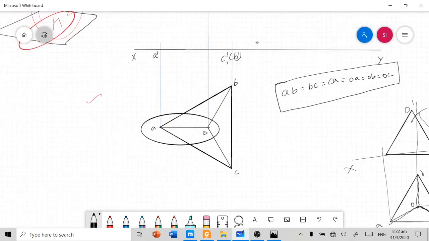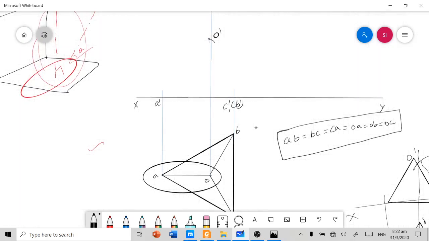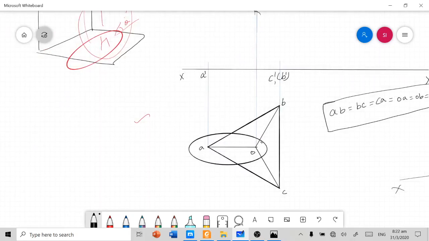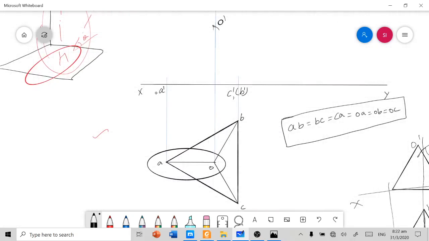But in this problem, fortunately, we have the edge OA parallel to XY in the top view. So the front view length of OA will be the original length of the slant edge O dash A dash. So without taking any extra effort, we can simply select the point A dash to mark O dash by cutting an arc from A dash in the projector of O with the length equal to the base side length.